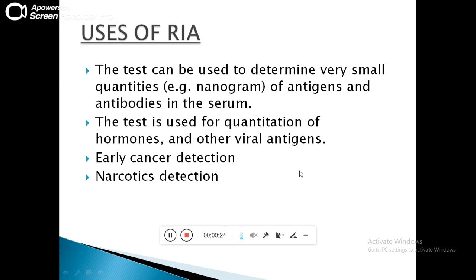The test is used for quantitation of hormones and other viral antigens. This test can be used for the detection of a hormone or any other viral antigen present inside our body. Early cancer detection: with the help of this test we can detect cancer, and we can detect drugs, that means narcotic detection with the help of this assay.